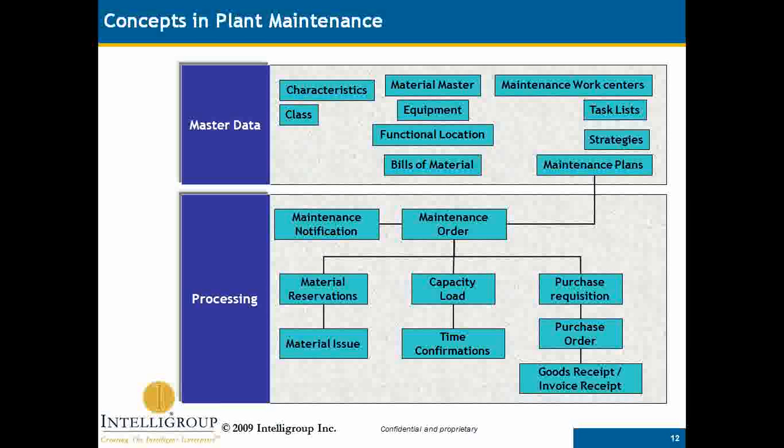So all the technical information will be captured in the notification, in the request itself. Earlier in plant maintenance, where SAP was not there, they would prepare a maintenance request card and send it to the particular maintenance department, either mechanical or electrical.